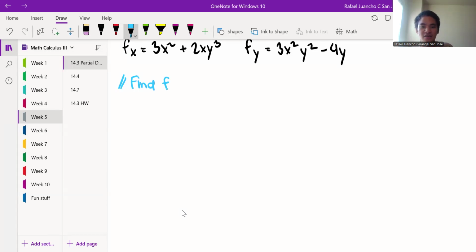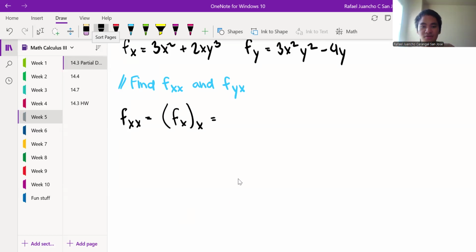Now we find our two variations of f sub x. We have f sub xx, and we also have f sub yx. So what does that mean? Well, that means if we find f sub x, we're just taking another partial derivative with respect to x of what we already have, right?